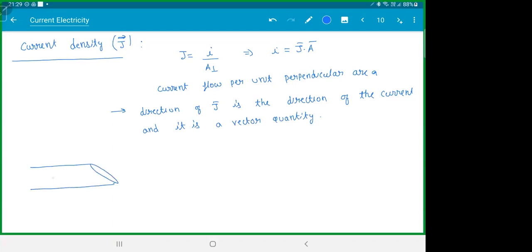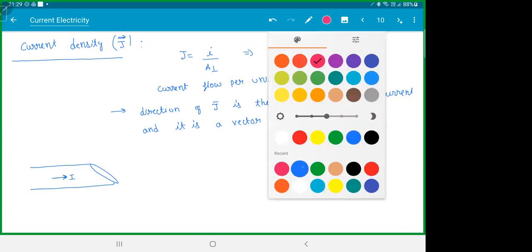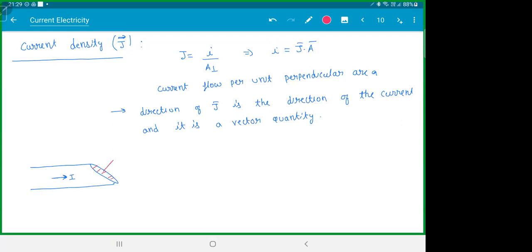So if you have taken a cross section like this, and let's say this is the current I. So for this, area vector is this way, J bar is this way, and this is theta. So we can simply write current I is equal to J bar dot A bar, which is J A cos theta. A is the area of that shaded part. It's not the cross section, it is the shaded part area. So simply current is J into area.